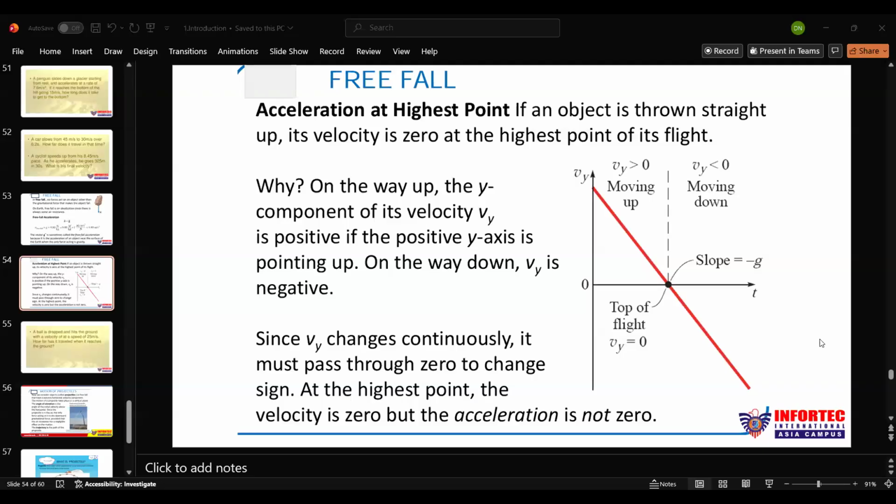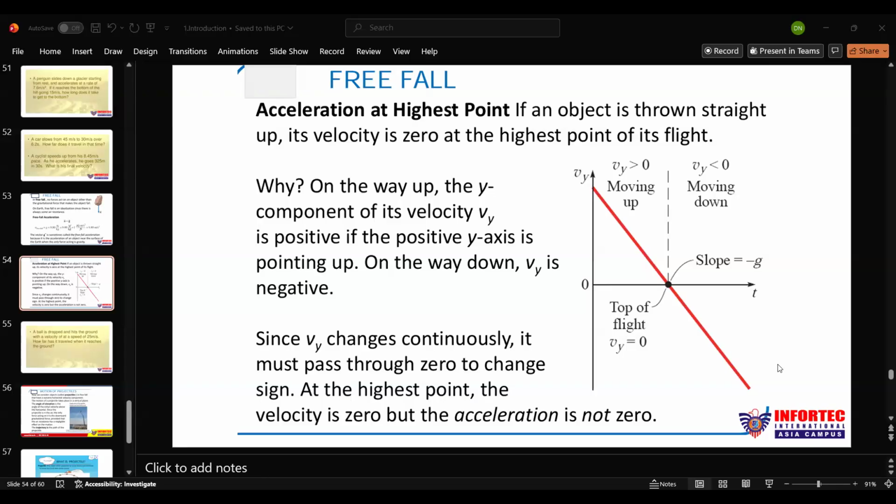Again, we will go back to the slides. Here you can see some graphical representations. For acceleration, we consider downward acceleration as a positive value. The first diagram shows a free-falling object.